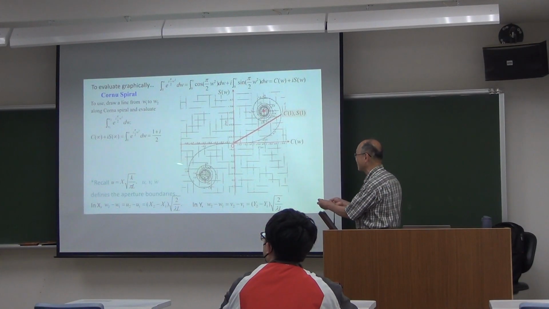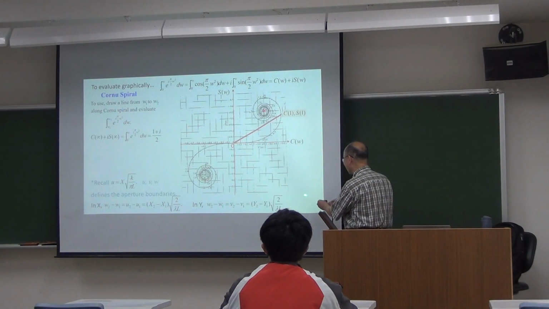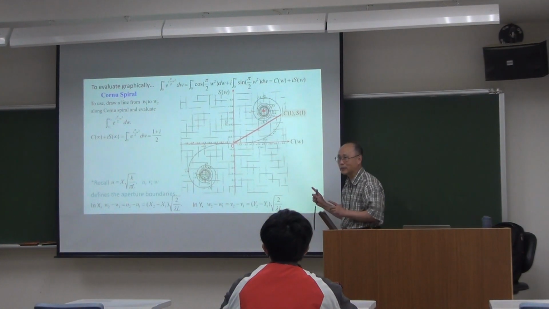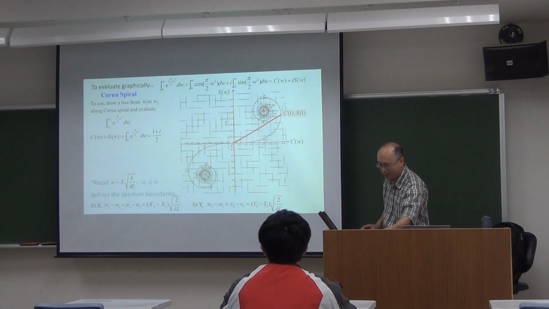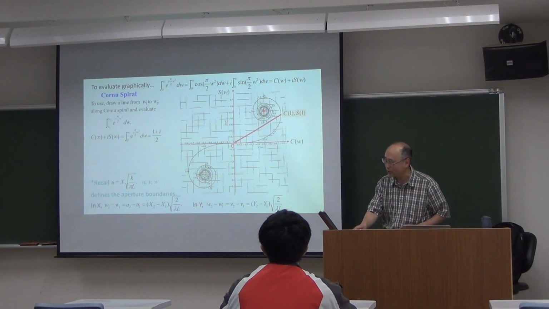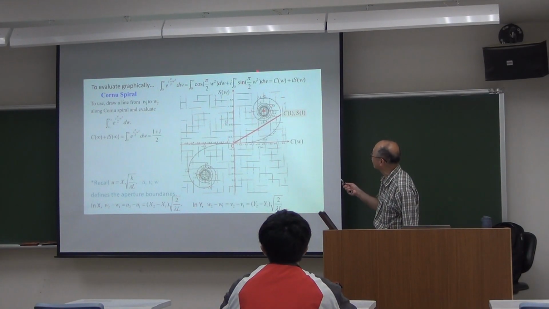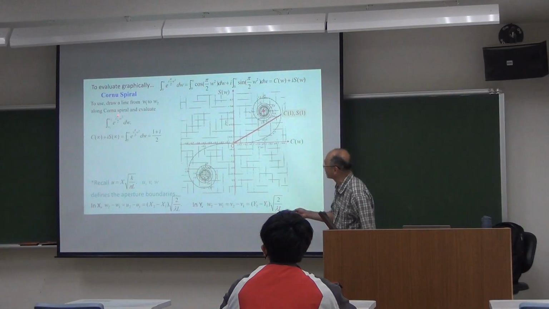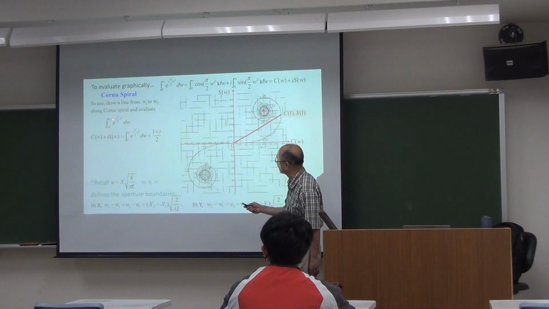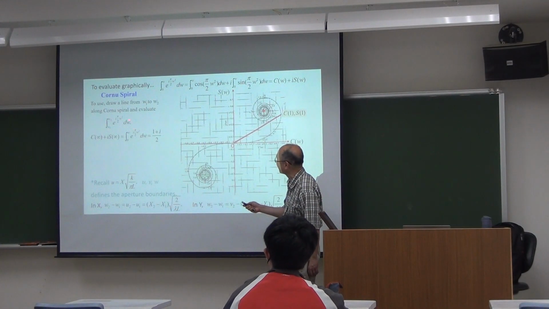When you move the screen closer, you find that this is not a sinc function anymore. In the near field, you have to look into this integration. If you have two aperture boundaries from W1 to W2, then you will do this integration.